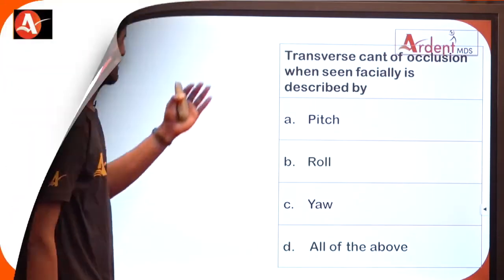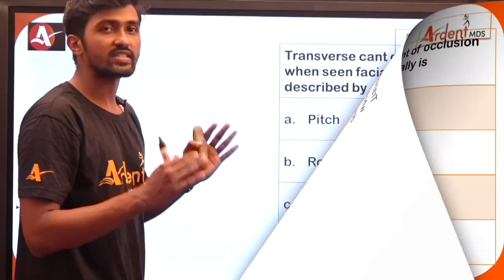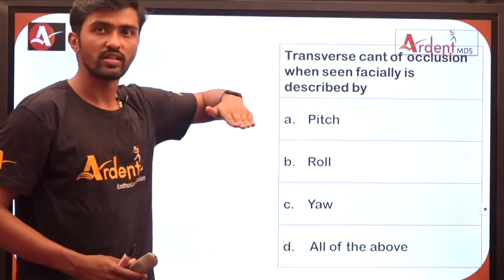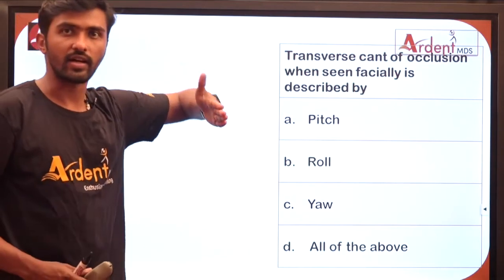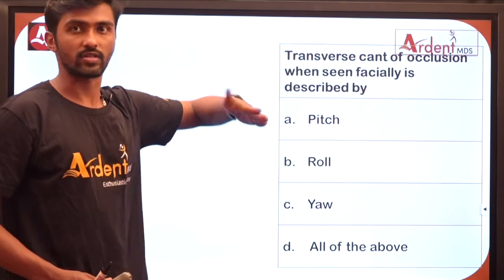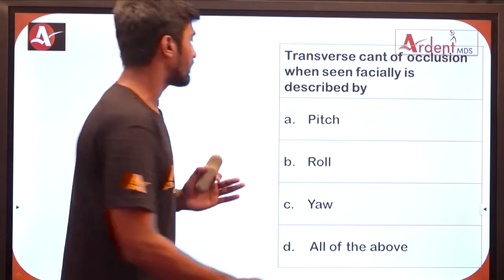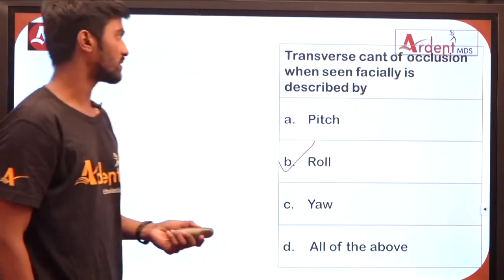Okay. Transverse cant of occlusion when seen facially is described as, so this is called canting of the occlusal plane. This is nothing but rolling of the occlusal plane. So transverse cant of occlusion will be seen when there is a roll, right?